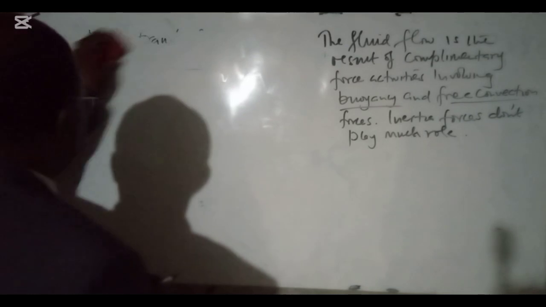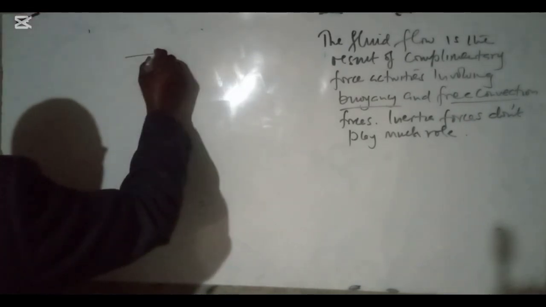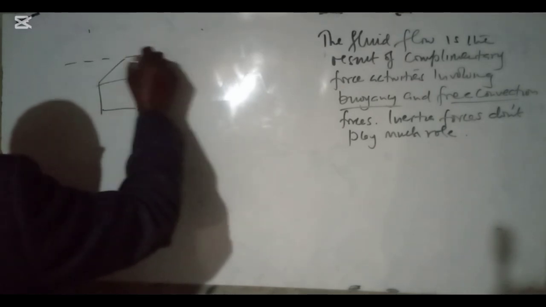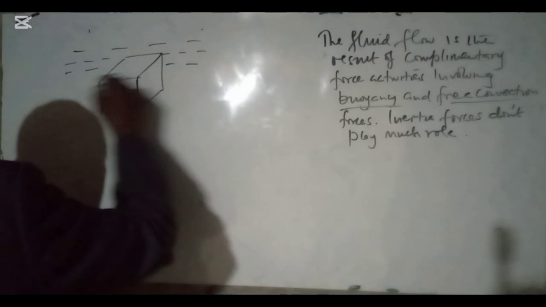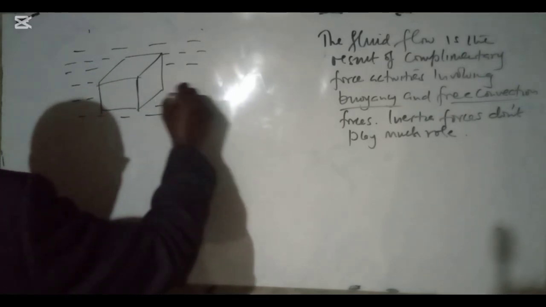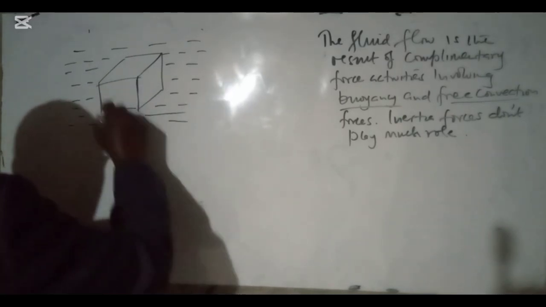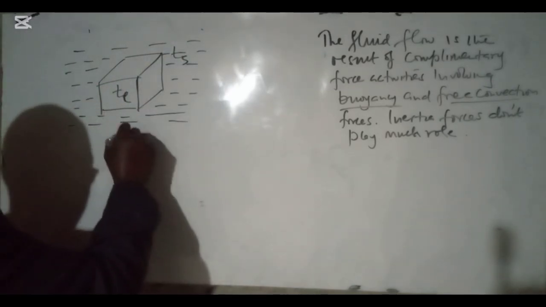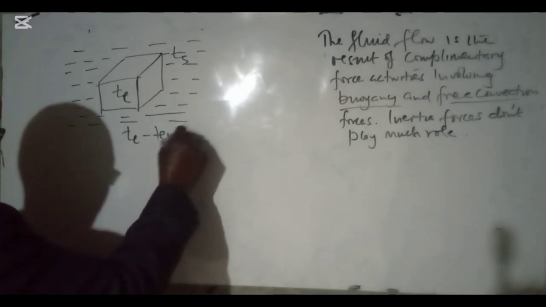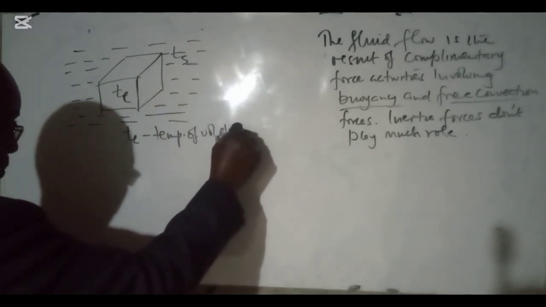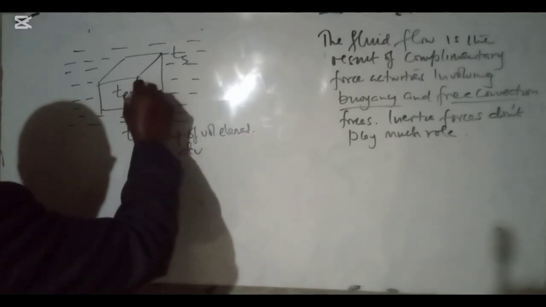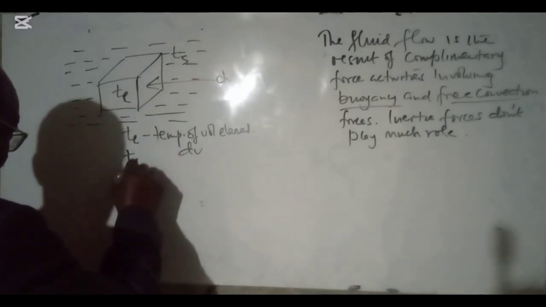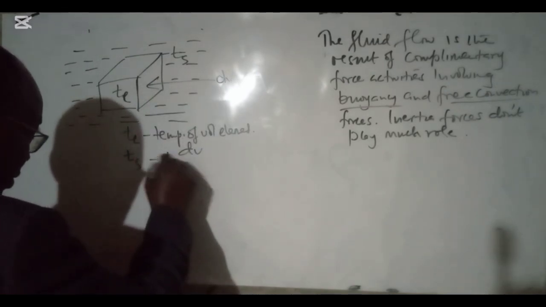Let's say the temperature of this volume element, dV, is TE, and that of the surrounding fluid is TS.